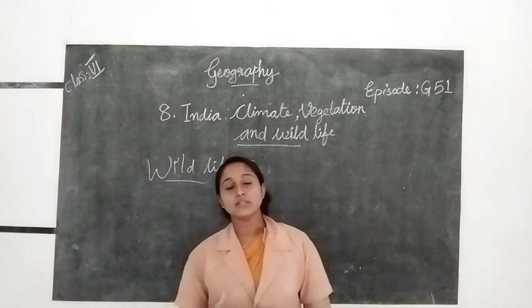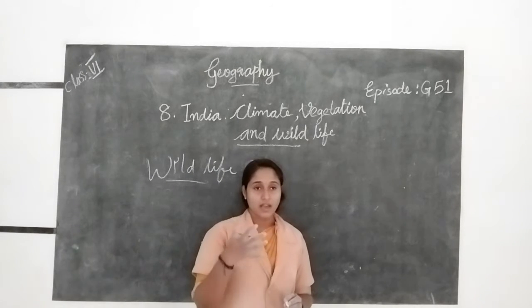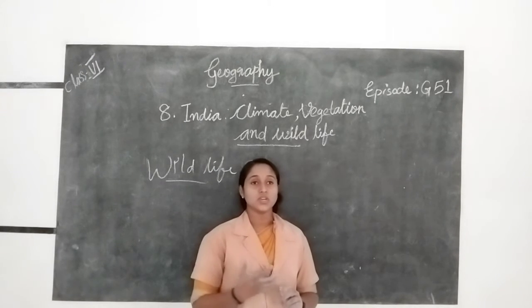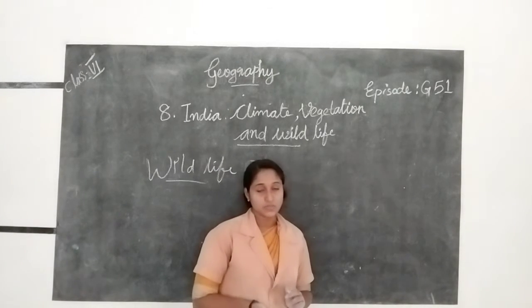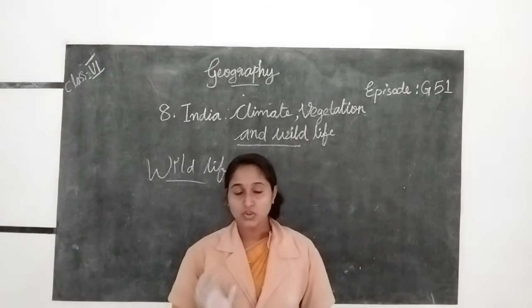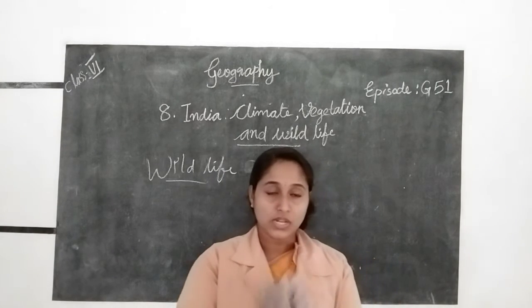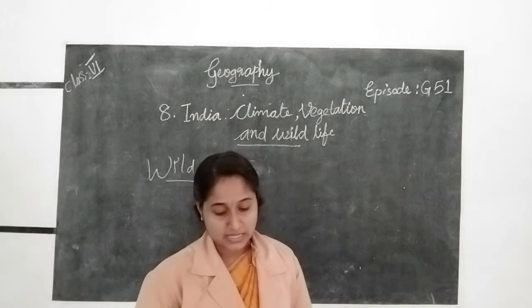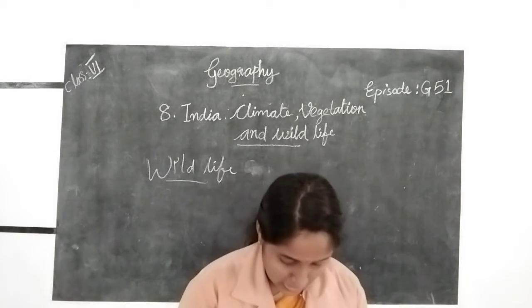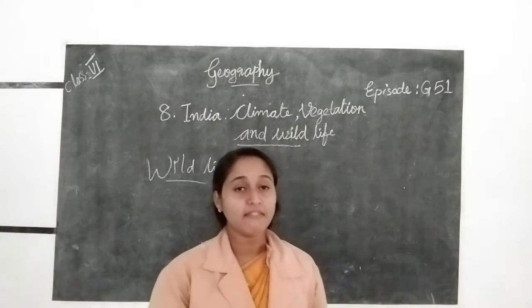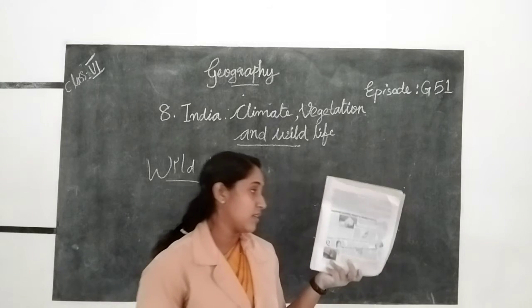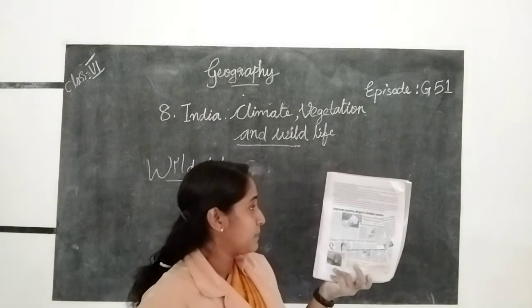We are the responsible people to take up these issues and provide a better solution for them. We also want to protect forest and wildlife areas. Look at your textbook, page number 63. We can see several newspaper reports.